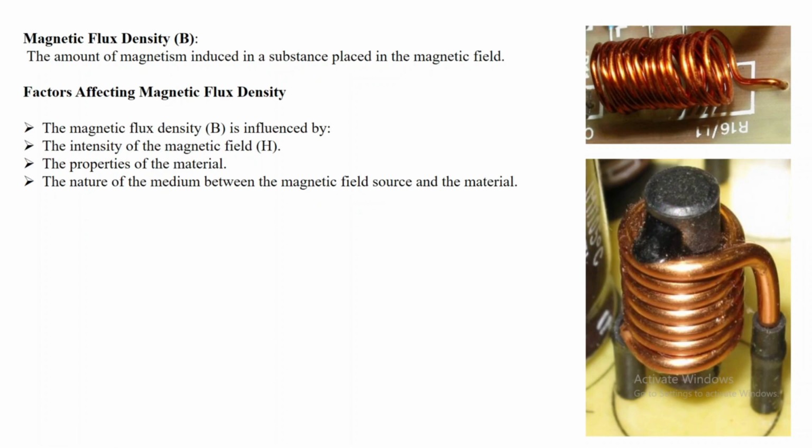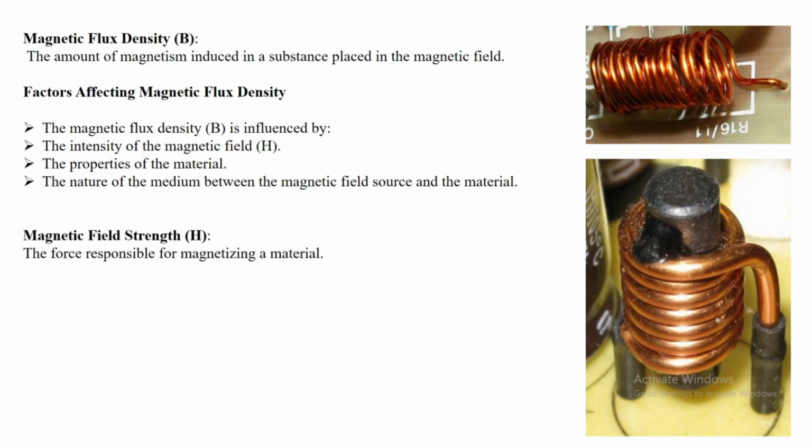The factors affecting the magnetic flux density are, first, the external magnetic field. If we increase the external magnetic field by changing the magnitude of the current, then that magnetic flux will be increased. It also depends upon the nature of the material, and on the medium between this coil and this substance.